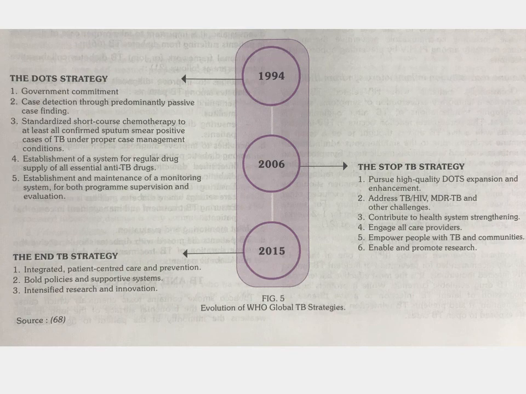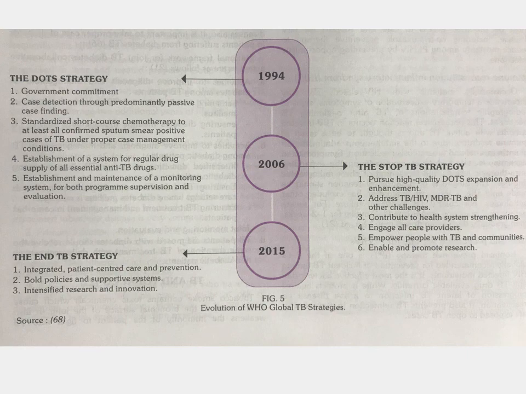So, as far as the evolution of NTB strategy is concerned, the NTB strategy developed in the context of the UN Sustainable Development Goals is a logical evolution and a paradigm shift from the past global TB strategies. The DOT strategy of 1994 helped revitalize national tuberculosis programs and equivalent entities by putting in place the essential basics to address the TB epidemic.